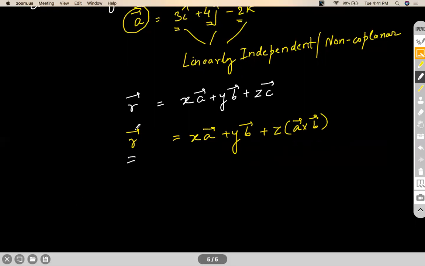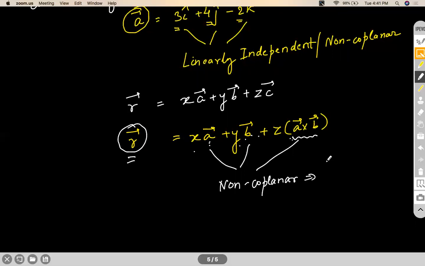Any unknown vector in three dimensions can be obtained as XA plus YB plus Z A cross B, because you know this is not in the plane of A and B. So A, B, and A cross B become non-coplanar, and hence they become linearly independent.